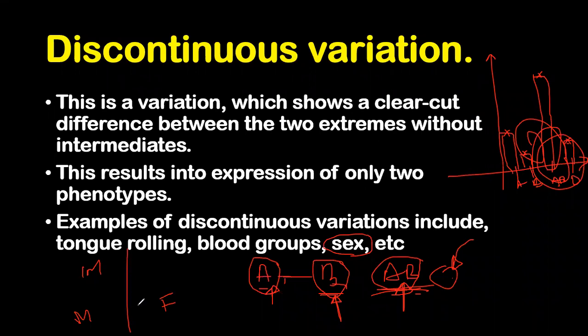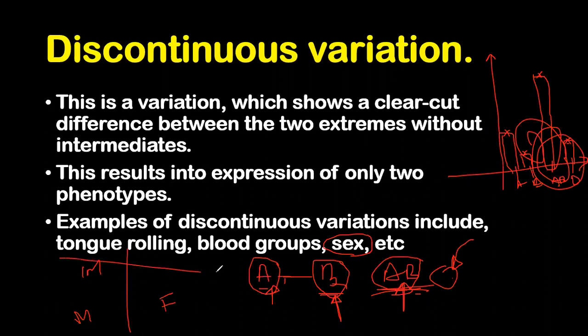Am I a female? You totally isolate these people. So that when you are plotting, you cannot have such a continuous line graph, but you rather have a bar graph.